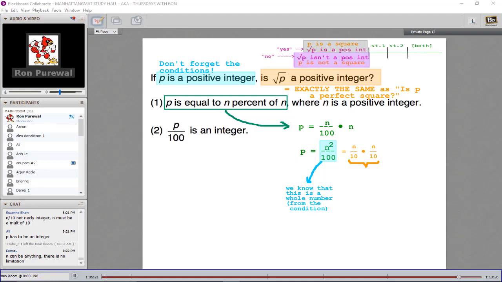So that means that 100 goes into n squared. So n squared is divisible by 100. In other words, 10 times 10 is part of n squared, which means that n is divisible by 10.